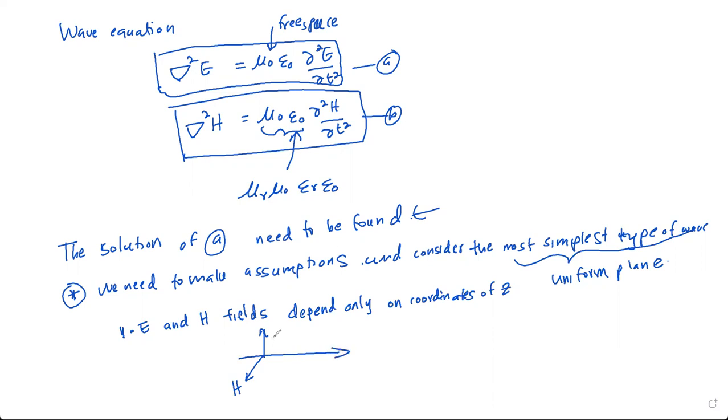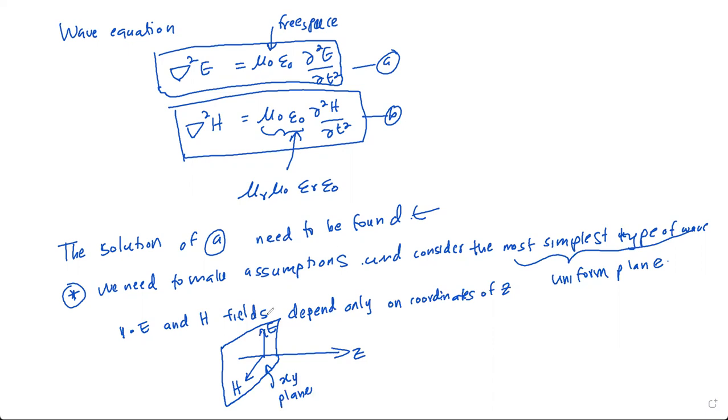The electric field components are not along the Z axis, and the magnetic field components also do not fall along the Z axis.